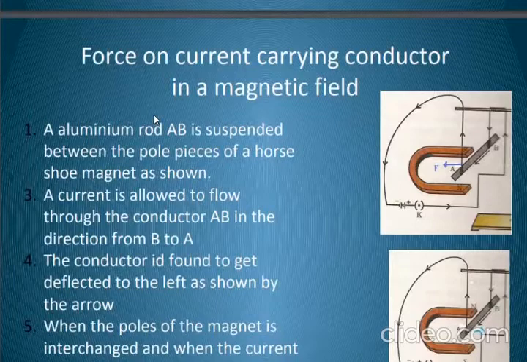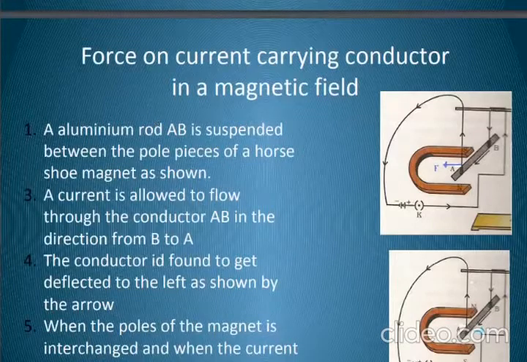But as soon as current is switched off in the conductor, this deviation is not observed. So this indicates that a current carrying conductor experiences a kind of force when placed in a region of magnetic field.